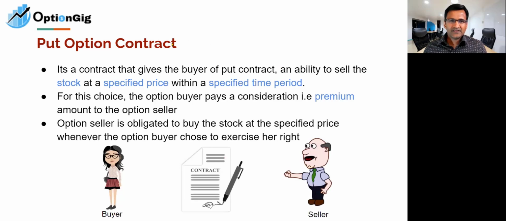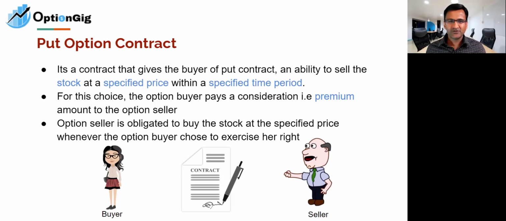Okay. So what is a put option contract? It's a contract that gives the buyer of the put contract, the buyer of the option contract, an ability to sell the stock. Just to differentiate between the buying of a contract or a policy and buying of what that policy protects. In the real estate case, you buy an insurance policy so that you can sell the house.